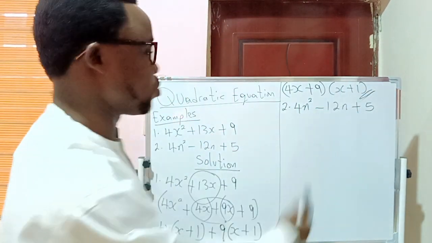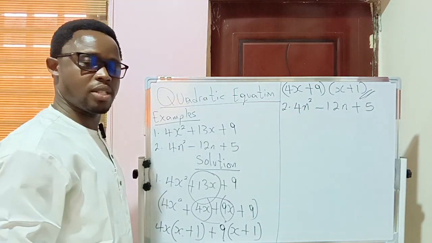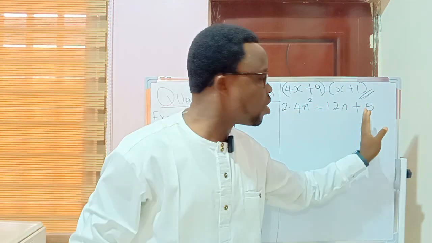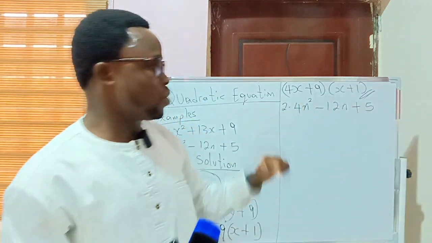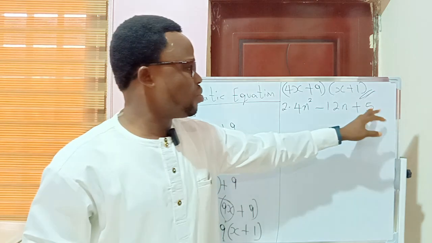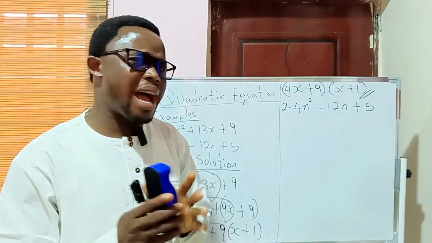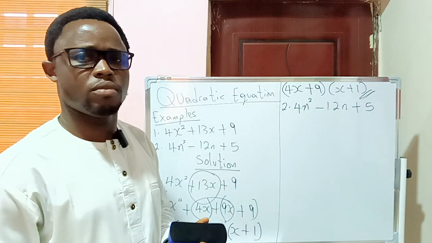We can't use 5, so we do the same thing here: 5 times 4, which is 20. So this is not plus 5 again, it's plus 20 in your mind. So that you now look for the two digits that when you multiply together give you plus 20, and when you add, give you minus 12.